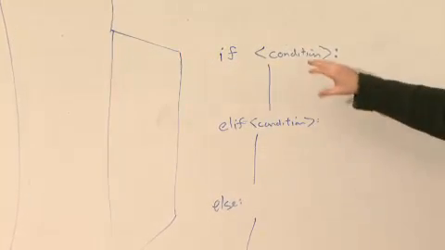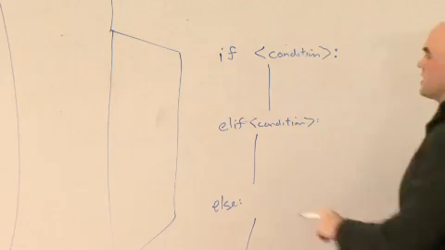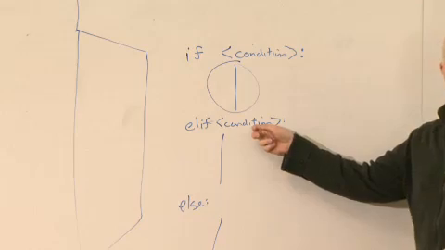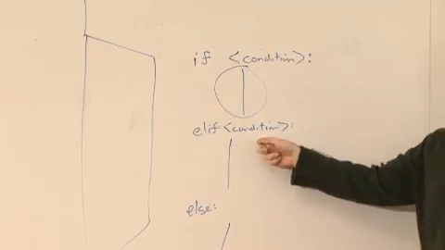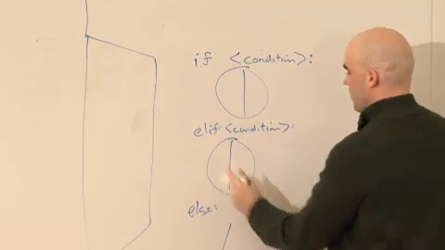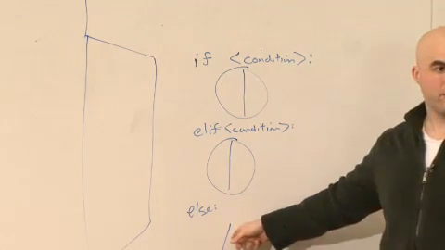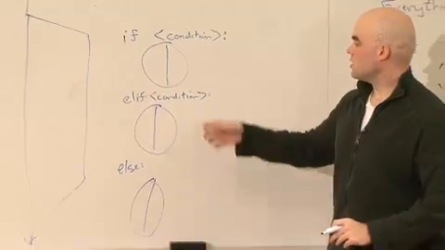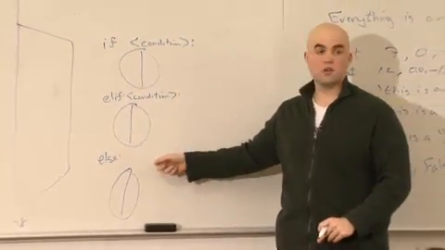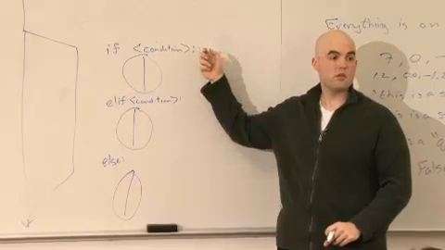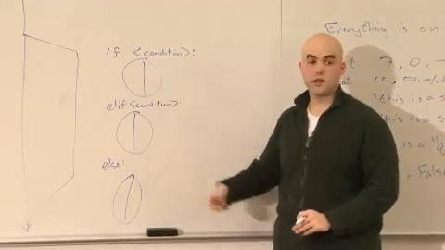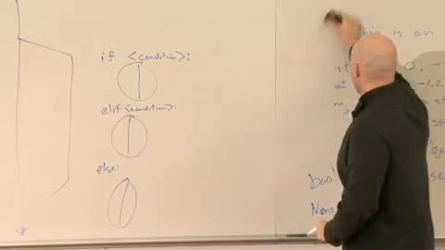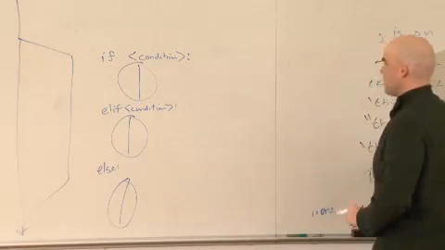It's saying, if this condition is true, I'm going to execute the code in this block. If this condition is false, and this condition is true, then I'm going to execute the code here. And if none of those were true, then I execute what's here. You don't need to have an elif, and you don't need to have an else. You can just have an if, or an if and an else. So the three versions of this branching.